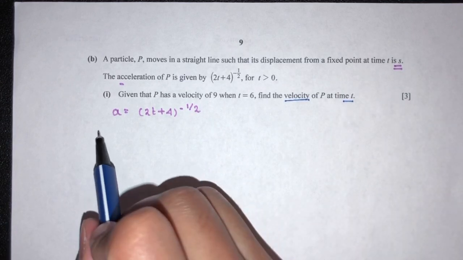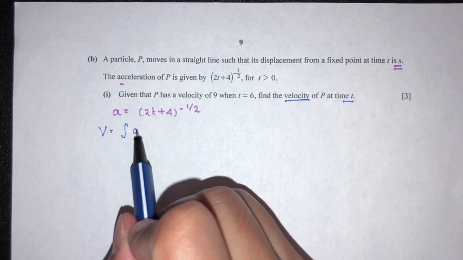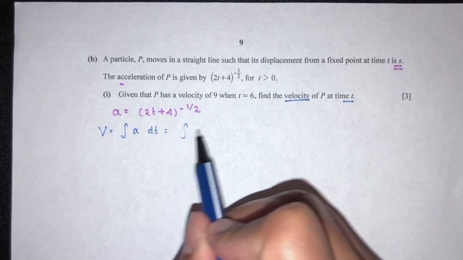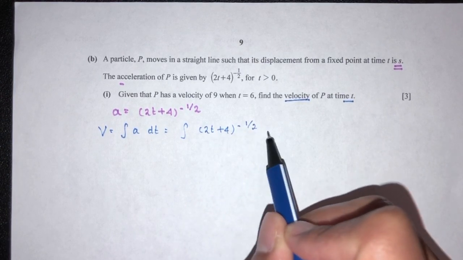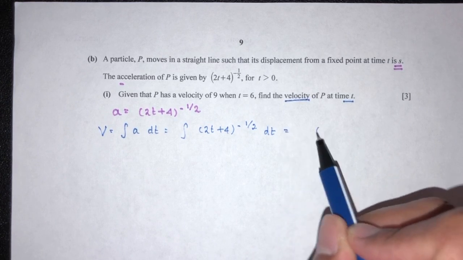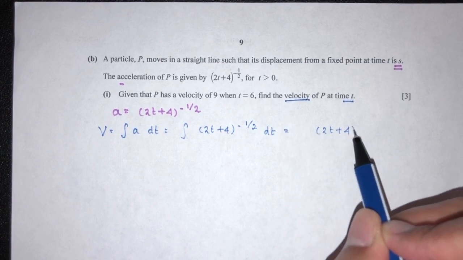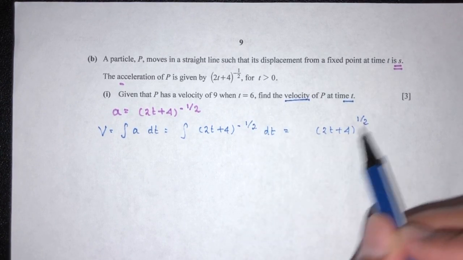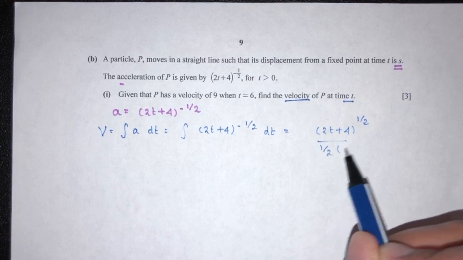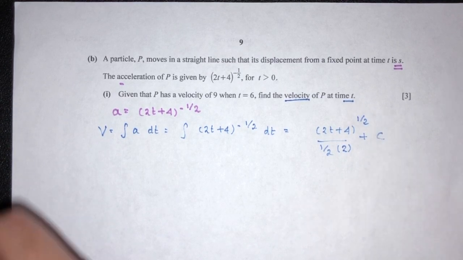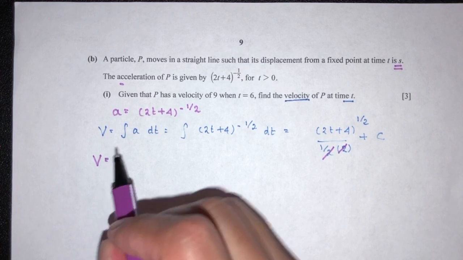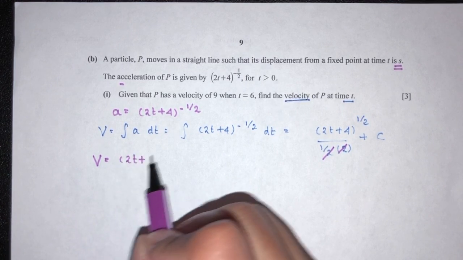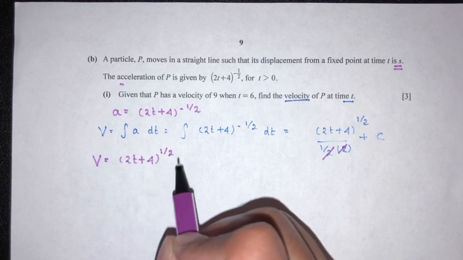So pretty easy. We understand that v is equal to the integration of a with respect to dt. Replace, that will be the integral of (2t plus 4) to the power minus half dt. That will be 2t plus 4, increase the power by 1, that will become half, divide by the power, then divide by the derivative of the inside, that will be 2. Of course, plus c for the constant of integration. So this and this will cancel out, so you have v equals (2t plus 4) to the power half plus c.